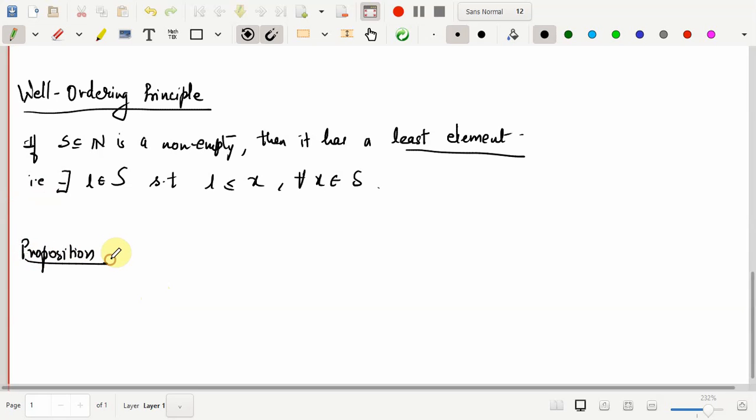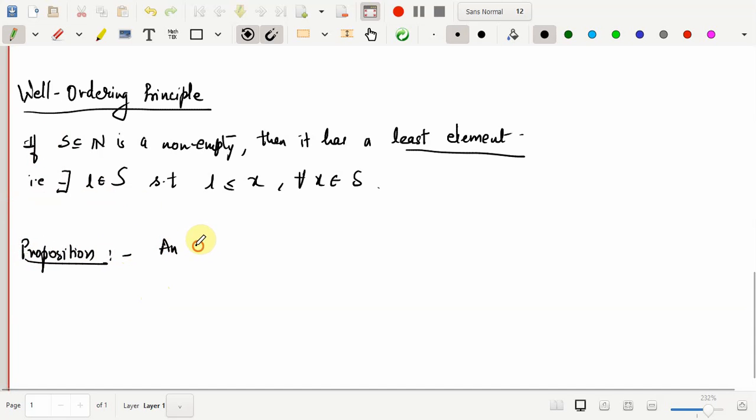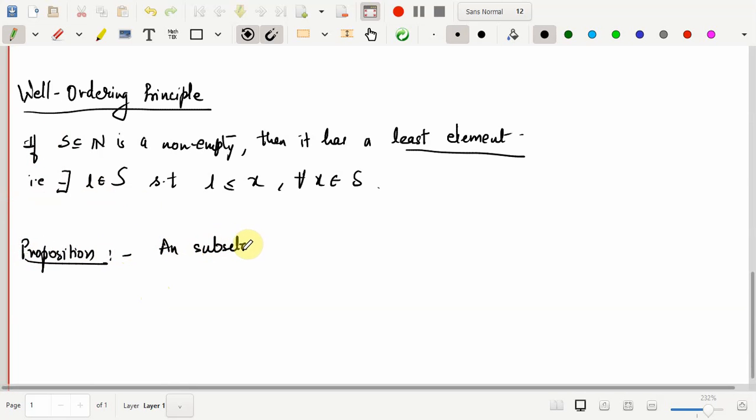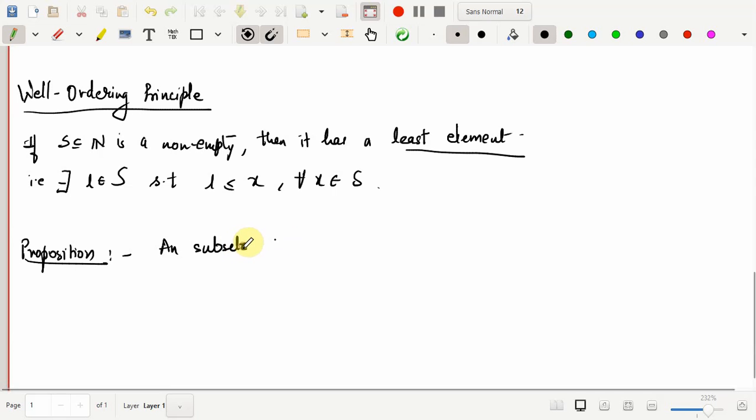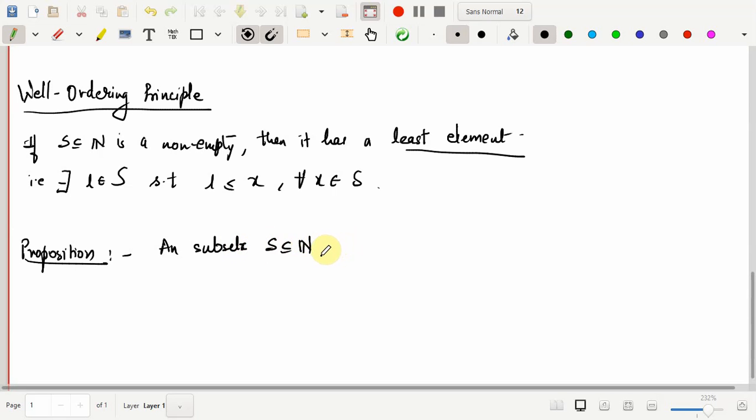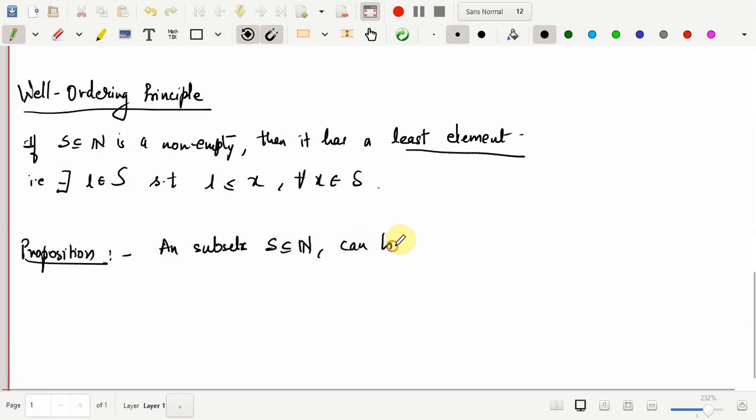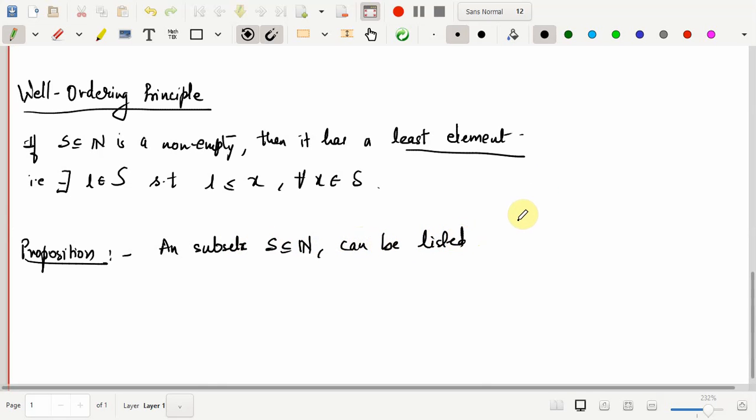The proof is very simple. In fact, the consequence of this well ordering principle I would leave as an exercise. So an infinite subset S of N can be listed, that is, the elements of this set can be listed in this way.